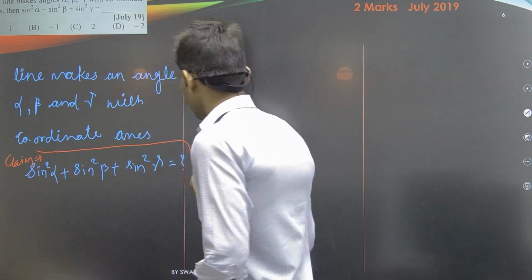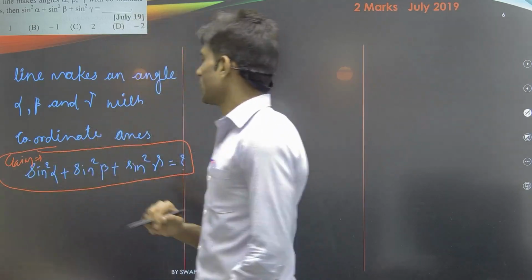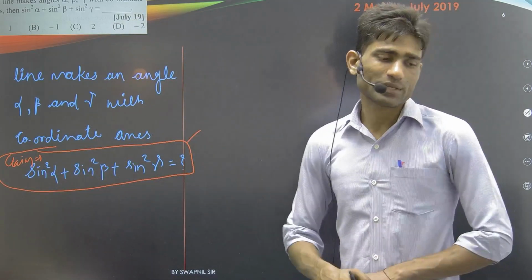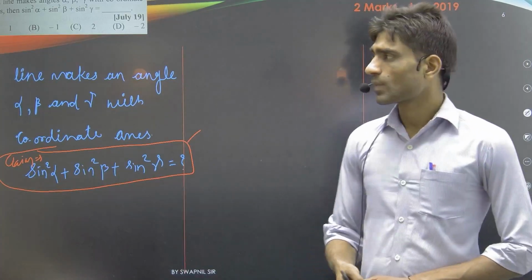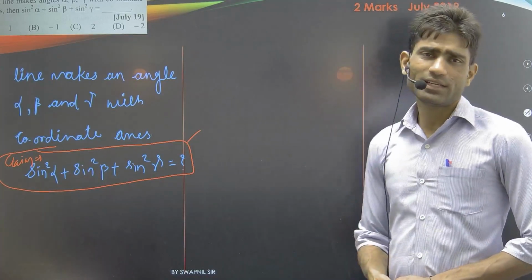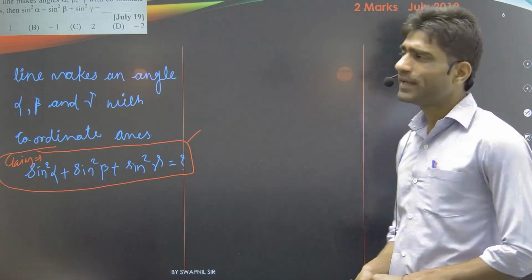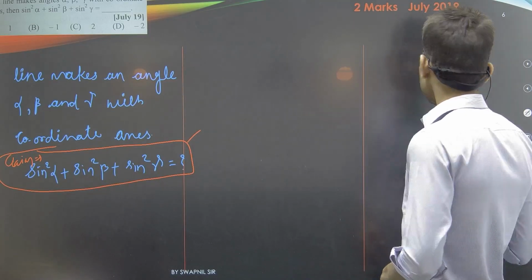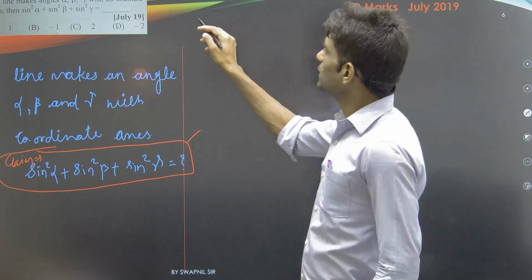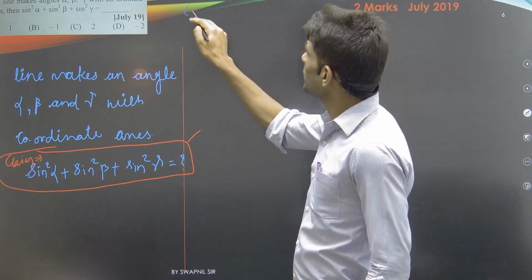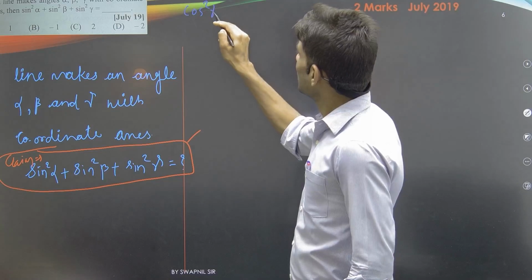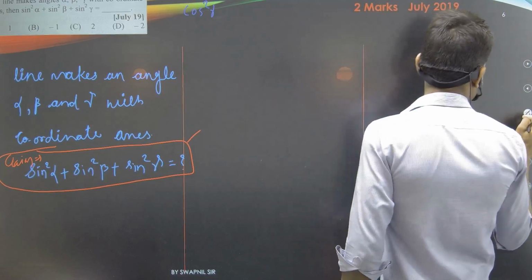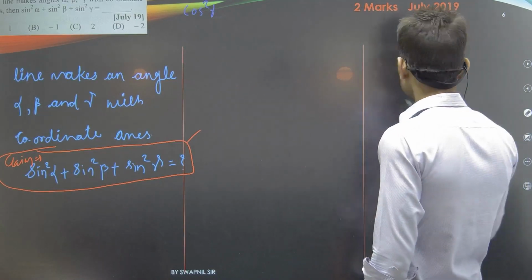As we don't have any result in vectors in the form of sin square, we always convert sin square into cos square. And we know the standard result for finding the direction cosines of a line.